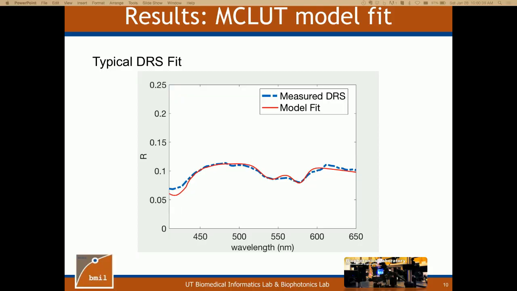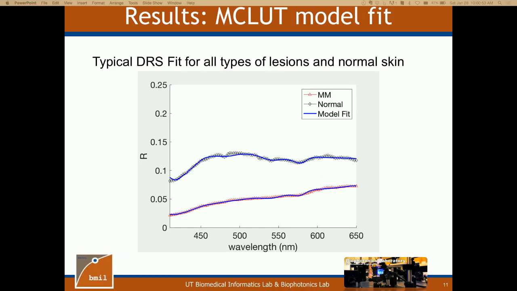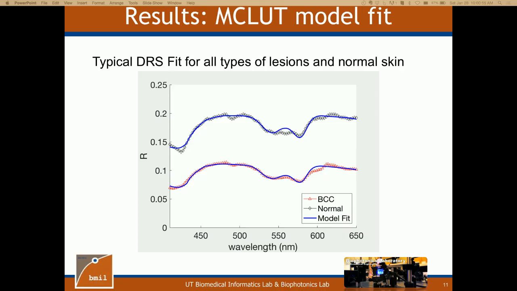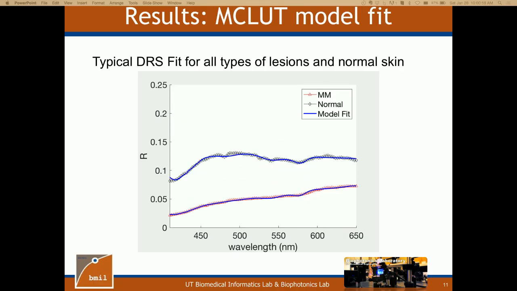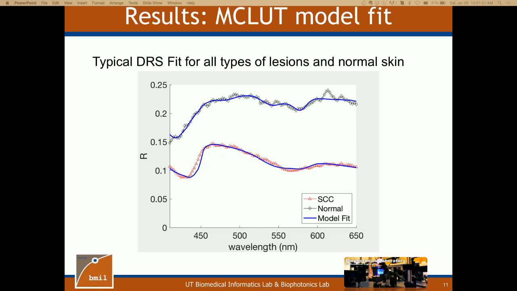So this is a typical reflectance fit. The dashed blue line represents the measured reflectance, and the solid red line represents the modeled reflectance. We got good fitting results for all types of lesions and their corresponding normal skin.